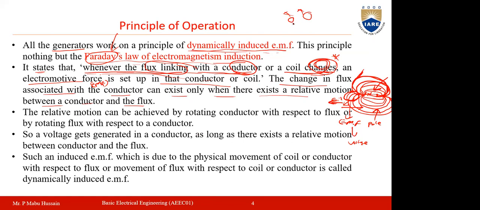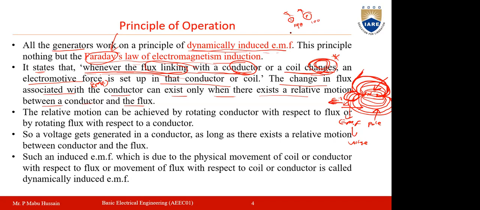If the conductor is rotating at a certain speed and the flux is also rotating at the same speed, then no EMF will be induced. But if it is rotating at less than that speed, you may observe some EMF induced in the conductor.